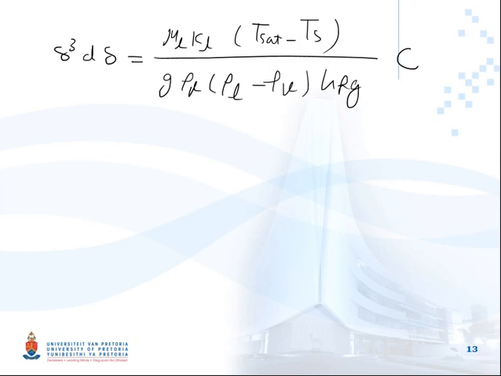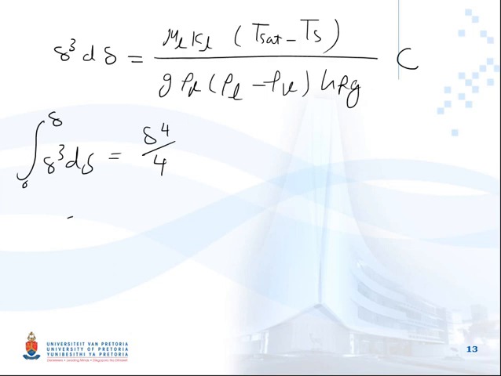Okay, so how about delta from 0 to delta? We know that it's 4. Am I right?